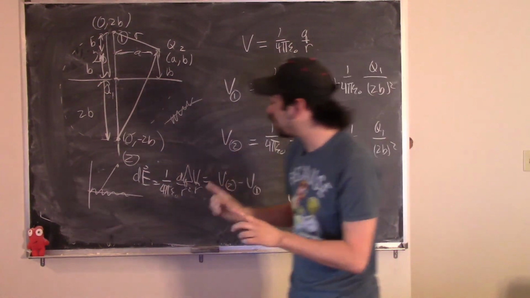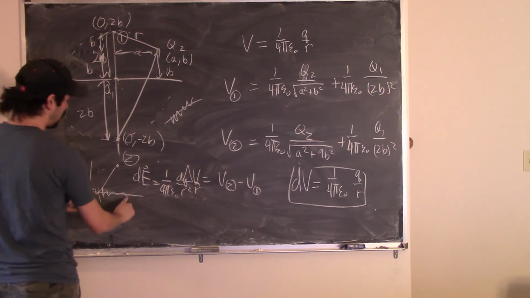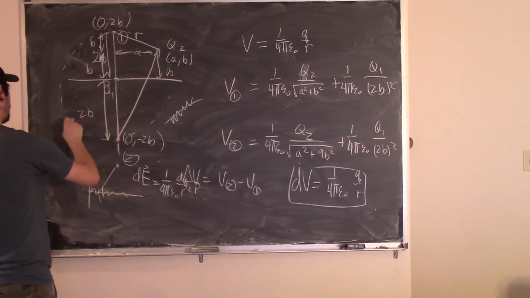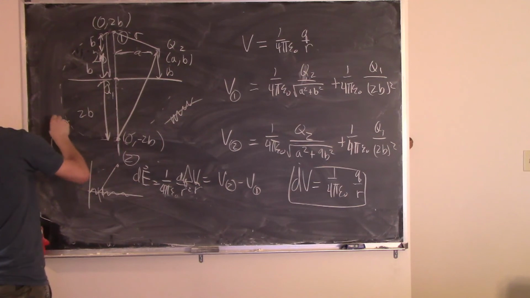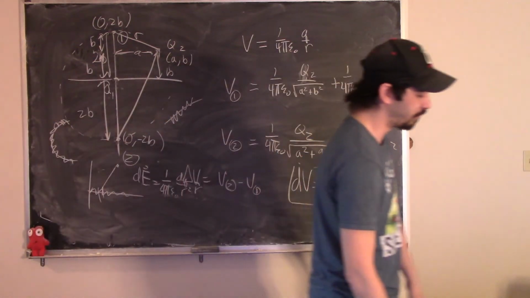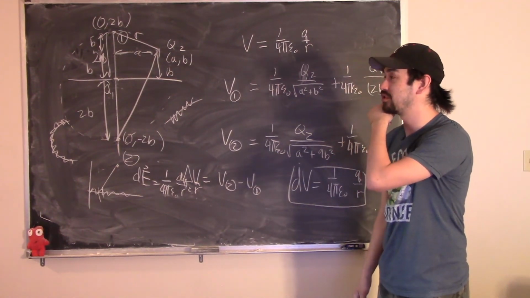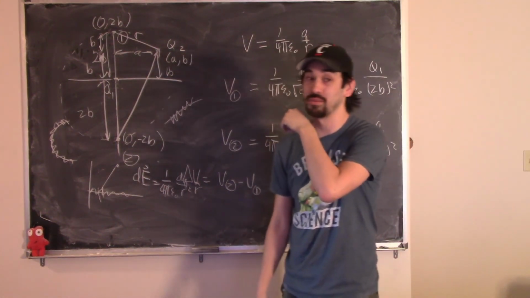But the punchline is: know how to deal with distributions of charge that are along an axis, and know how to deal with distributions of charge along an arc. Some of the questions I came up with didn't make it into the final cut, but those were both things that I considered putting on the exam.